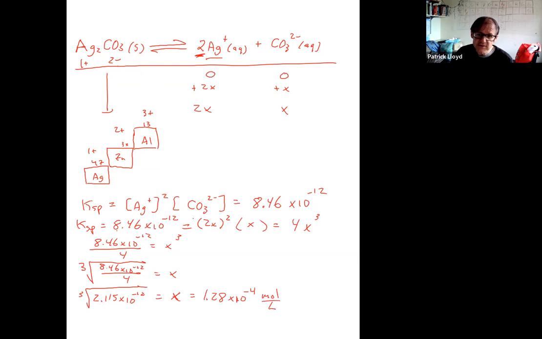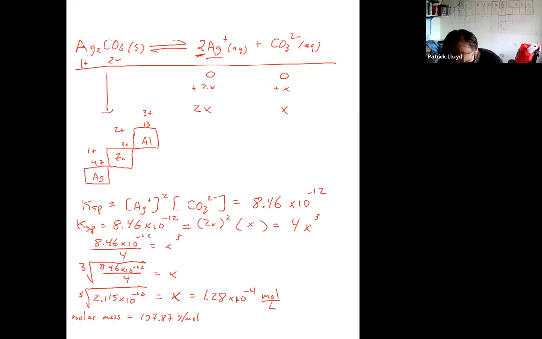So again, we have to look up what these molar masses are. The molar mass of silver is 107.87. So let's do our molar mass. Silver is 107.87.